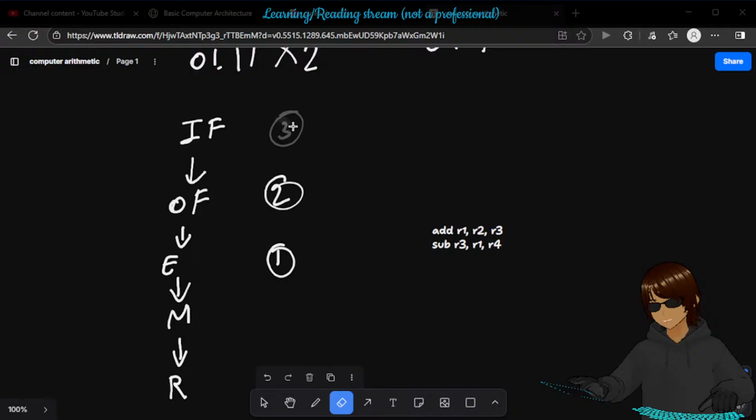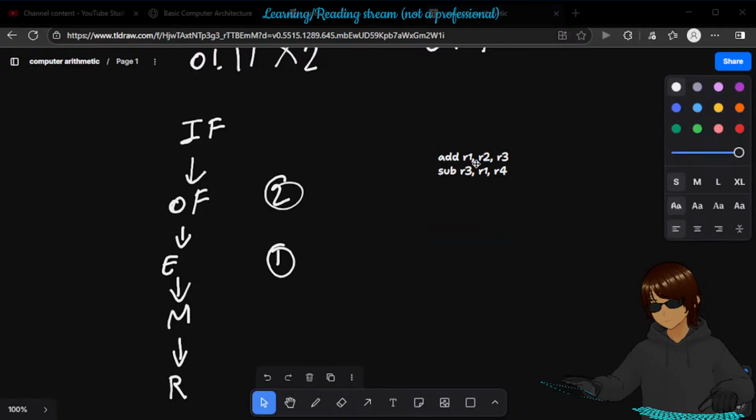So let's get rid of 3. Let's say the first instruction is R2 plus R3 goes in R1. And the next instruction uses R1 and subtracts the value in R4 from the value in R1.